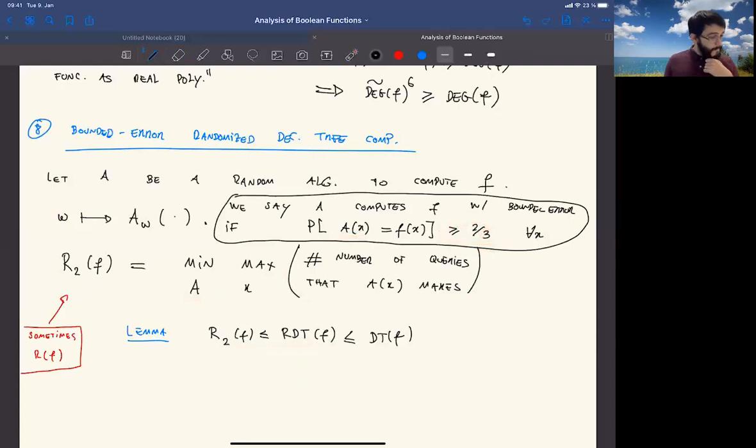Okay. And then bounded error over randomized decision tree, again, this inequality can be strict for some functions, simply because you're allowing yourself a bit more error here.